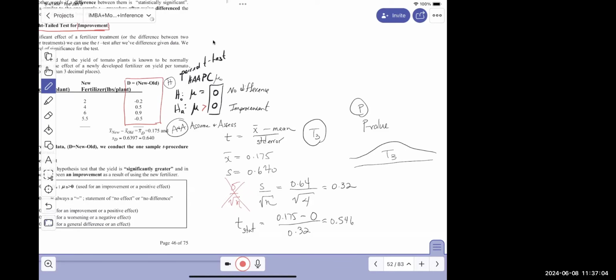The table only has a few decimal places. I only think 3, so I can round it. 0.547. Okay, so we're going to plot it here.